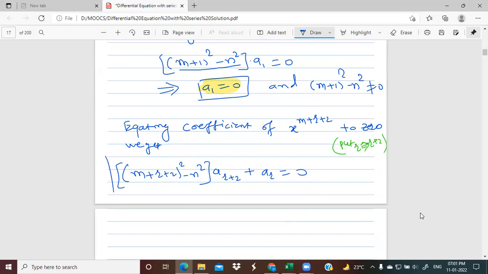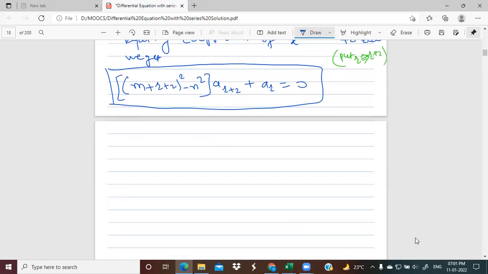From this equation, we are getting a recurrence relation: A R plus 2 is equal to minus AR, whole divided by M plus R plus 2 whole square minus N square.